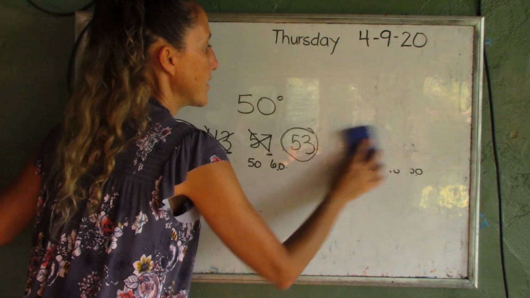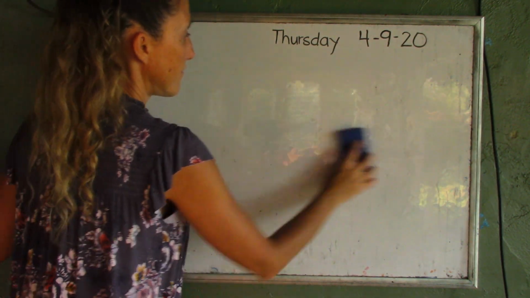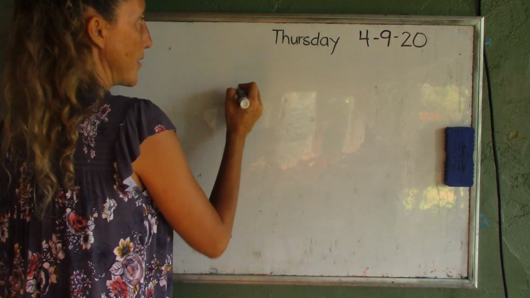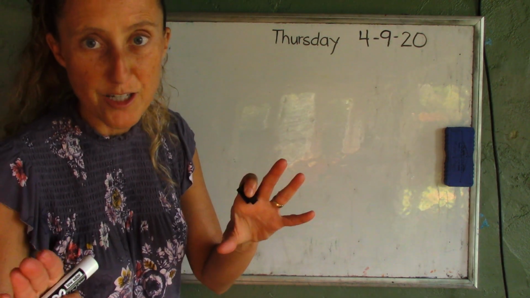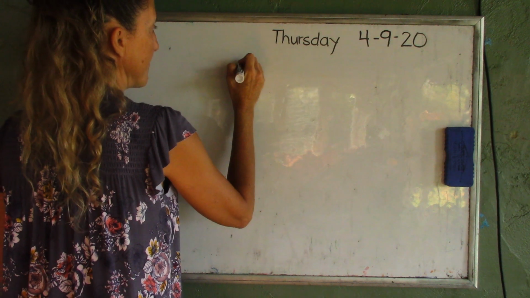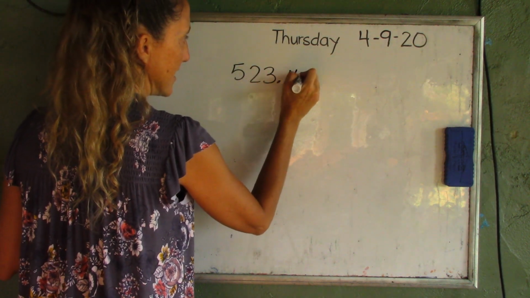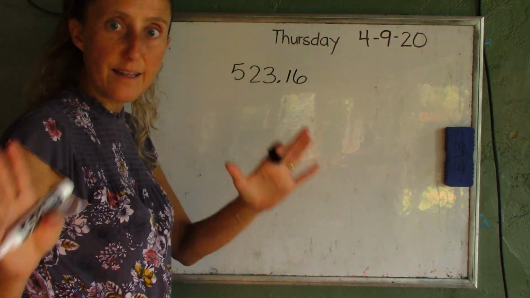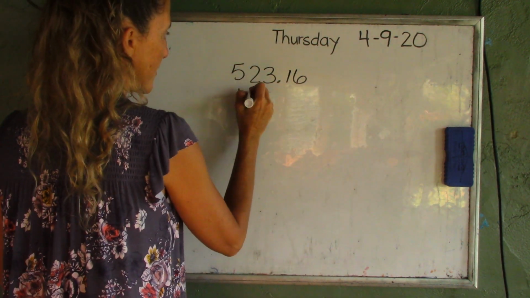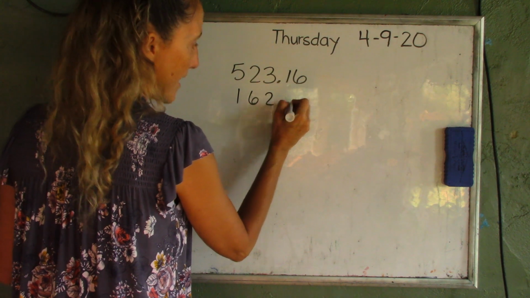Okay. One more thing. Here we go. This one last thing. We're going to do some adding. We're going to do some major adding. Are you ready? Okay. $523.16 plus $162.14.